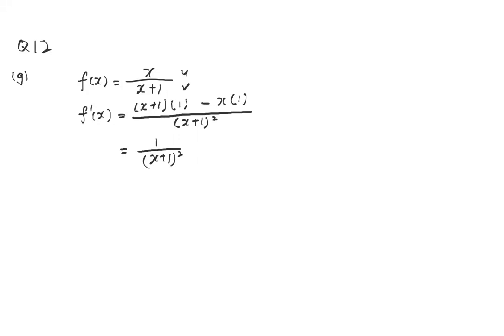So now what you need to do is substitute x equal to a. You have to look for f prime of a. That is 1 over (a plus 1) squared. So you have to find the y-intercept for the tangent at x equal to a.